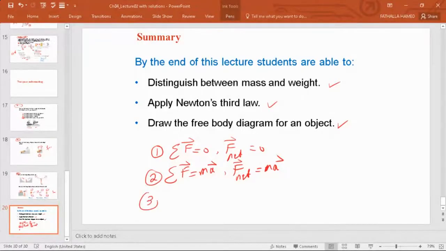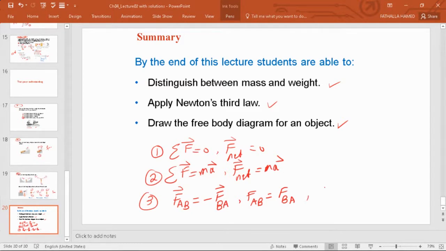And the third law, F_AB equals minus F_BA. Or you can say F_AB should equal F_BA. Note I don't have an arrow on the top, I'm only looking at magnitudes.